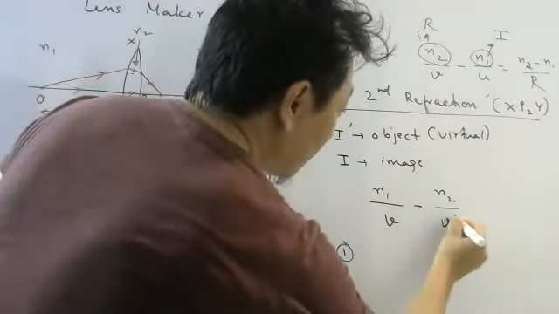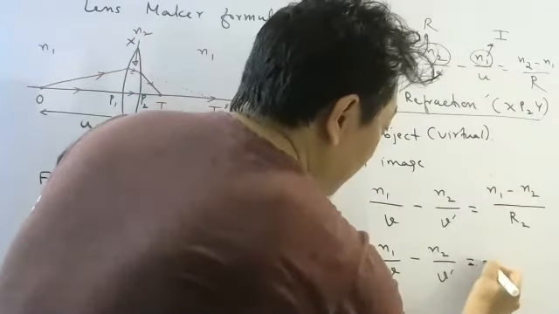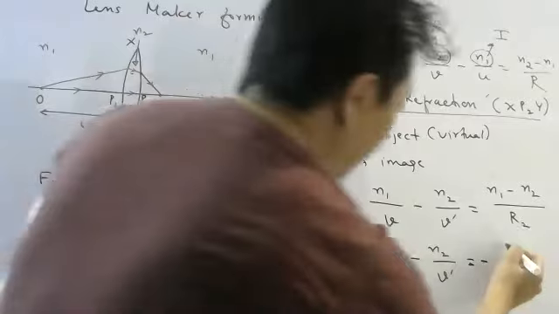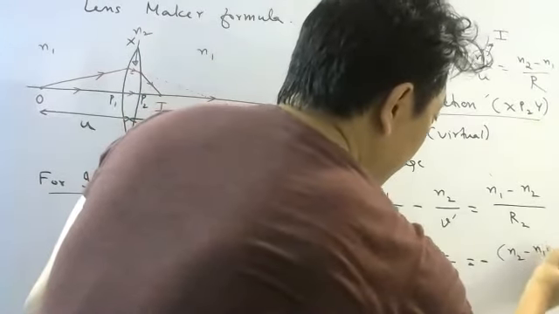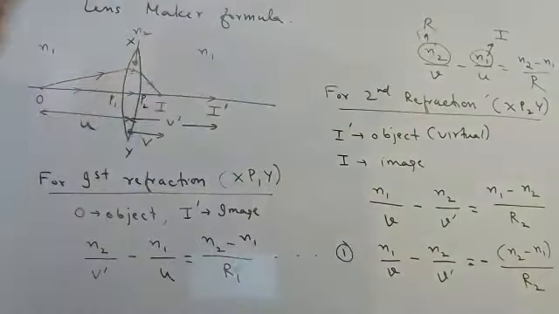Now in order to make this formula look like the first, see what I will do. N1 by V minus N2 by V dash. This I will interchange, so the minus sign will come out: N2 minus N1 by R. Okay, students? So this is my equation 2.